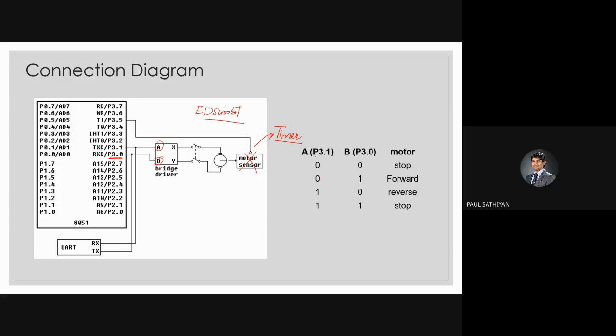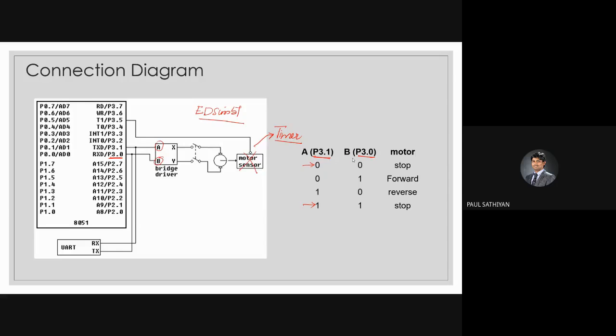That's where I have used it within the bracket so that you can understand. Now I think you can understand it easily. So when the inputs are similar, there won't be any rotation of the motor. When the inputs differ from each other, you'll have either forward direction or reverse direction. That depends upon the values that you put in control pins A and B.